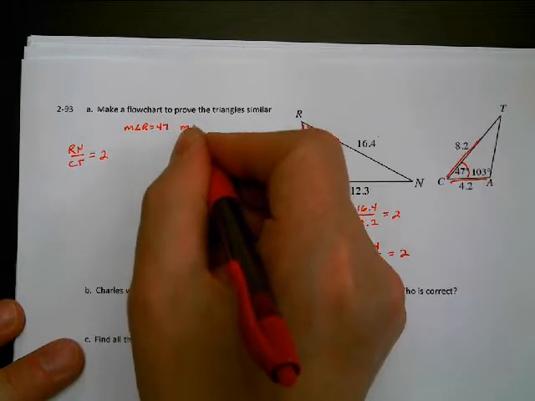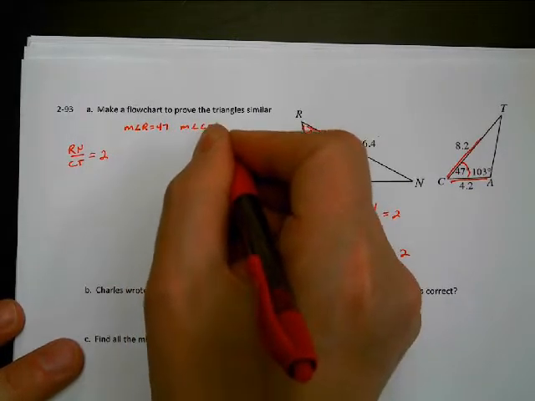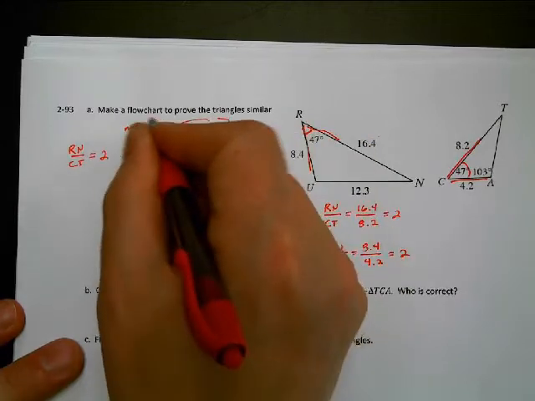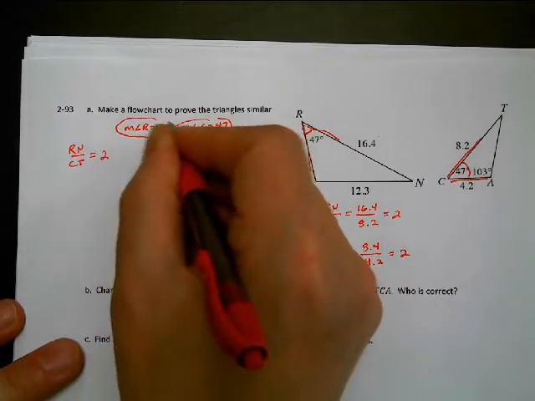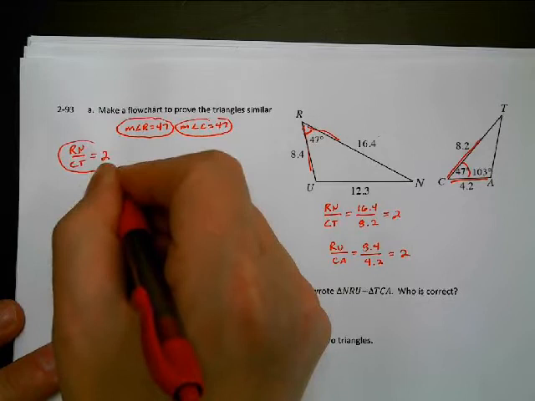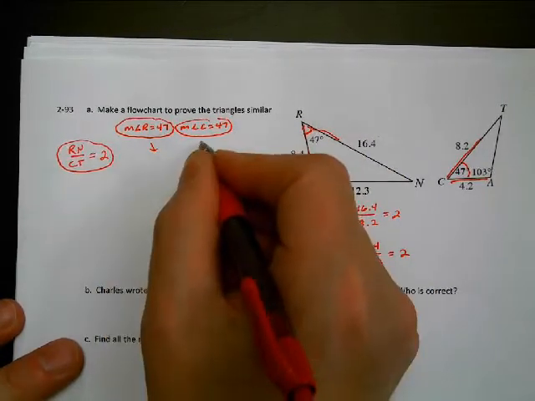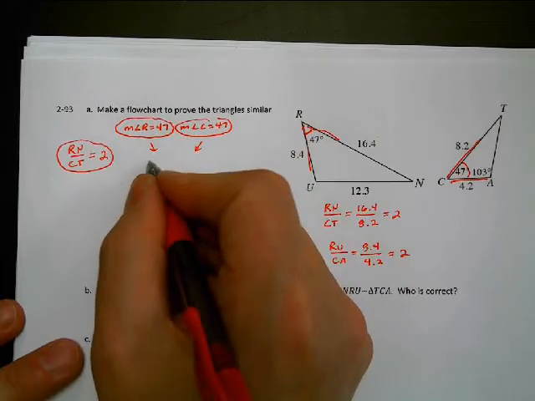And since those two angles are equal to the same number, we can now say they're congruent to each other. So we would say angle R is congruent to angle C.